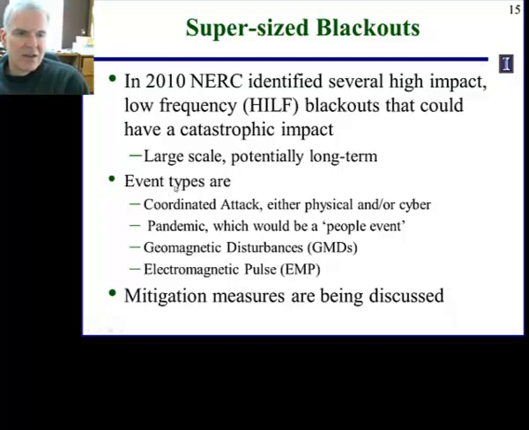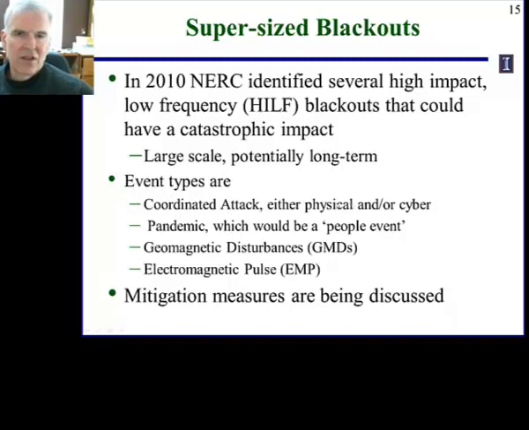And they broke this down into a number of different categories. They said the likely events were either a coordinated attack, which they said could be either physical or a cyber attack. They talked about a pandemic. They talked about geomagnetic disturbances, and they talked about electromagnetic pulses. A coordinated attack would be where a group decides to target your electrical infrastructure.